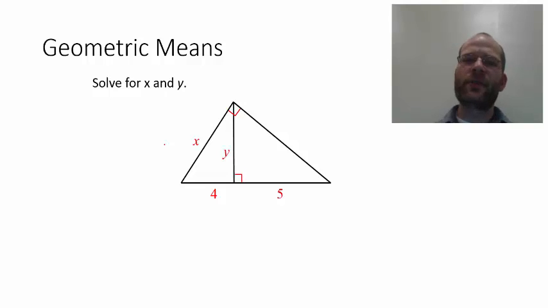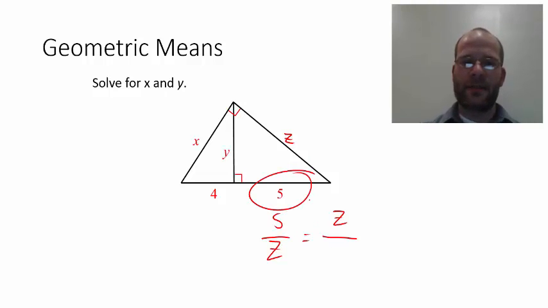Let's apply corollary 2 one more time. Let's suppose that we need to find this value over here, z. Let's take a look at that. How do we find z? Notice that corollary number 2 applies on two sides of the triangle. We can apply it over here, and we can apply it over here. It says that the leg of the triangle, z, is the geometric mean of the adjacent segment and the hypotenuse.